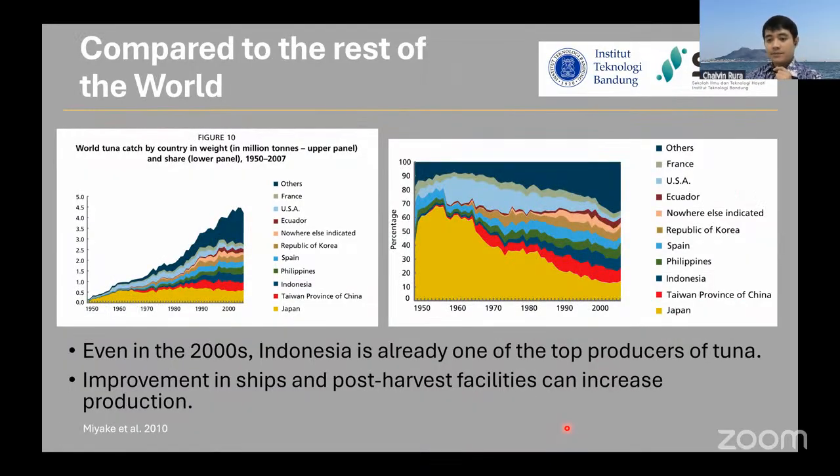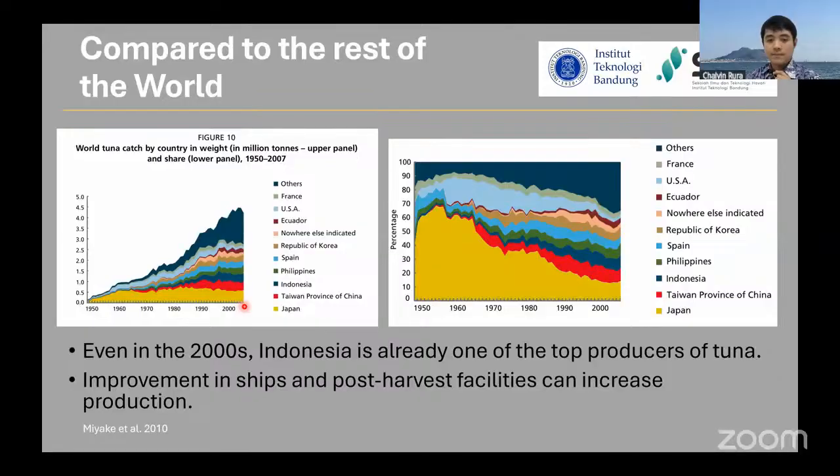So compared to the rest of the world in terms of tuna, I think this data is already a bit outdated, but it is just a good comparison. How does Indonesia compare to the rest of the world and the other countries? Still, here we can see that in 2007, Japan was the highest producer of tuna in the world.